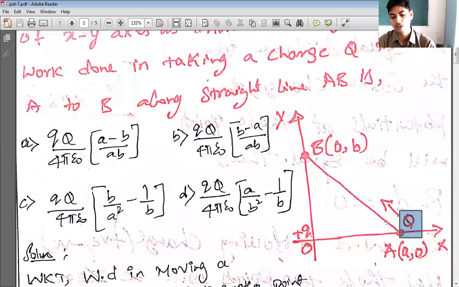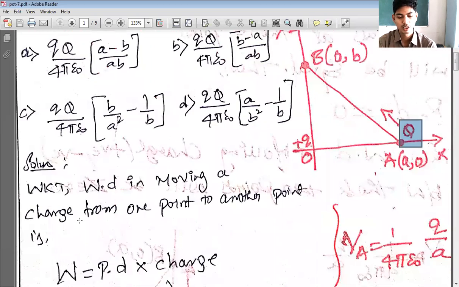See, we can calculate work done in carrying charge between any 2 points if we know the potential difference between those 2 points. We must know the potential at A and the potential at B. Then we can calculate the potential difference between B and A. And if we multiply the potential difference by the charge moved, capital Q, we'll get the work done.